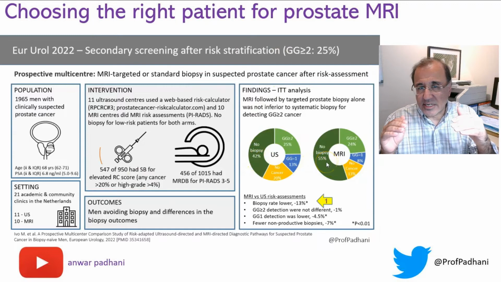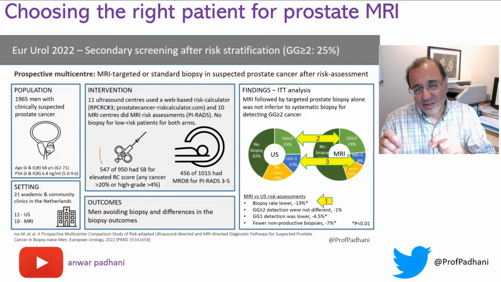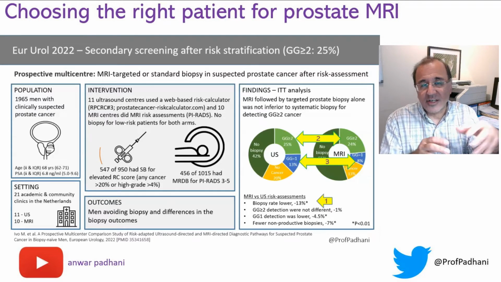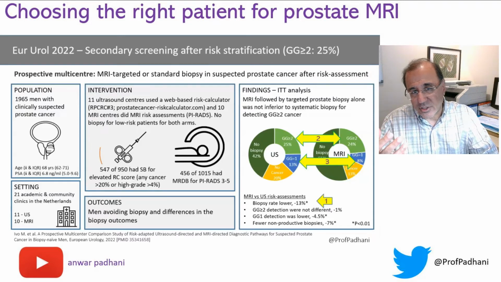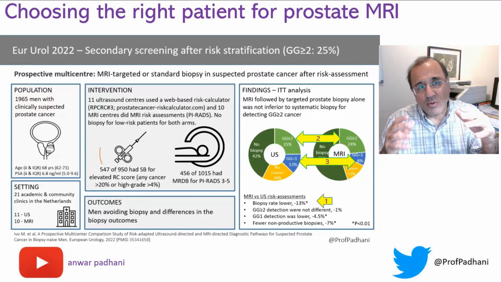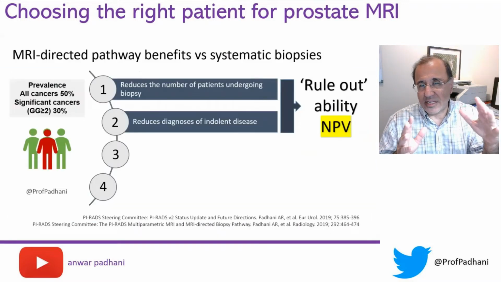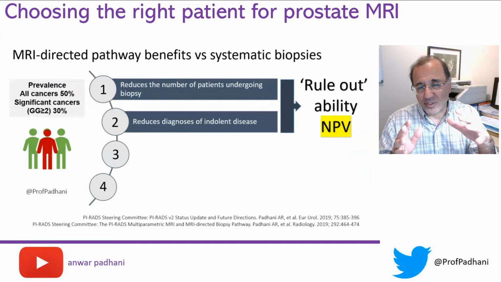You'll see that the detection of clinically significant cancers is no different between the two arms, but fewer men were diagnosed with insignificant cancers using the MRI approach. So it appears that the MRI approach is in fact slightly superior to the ultrasound-based approach for the detection of clinically significant cancers.